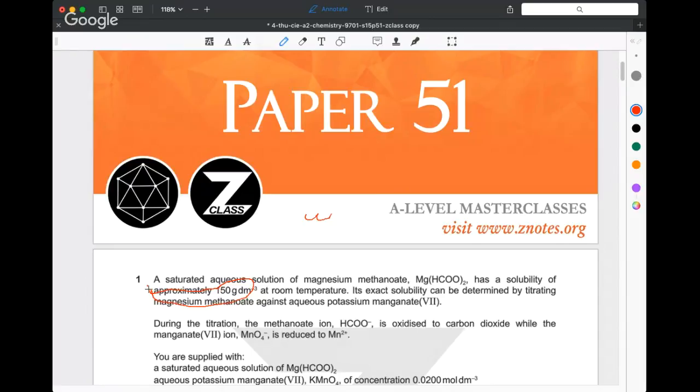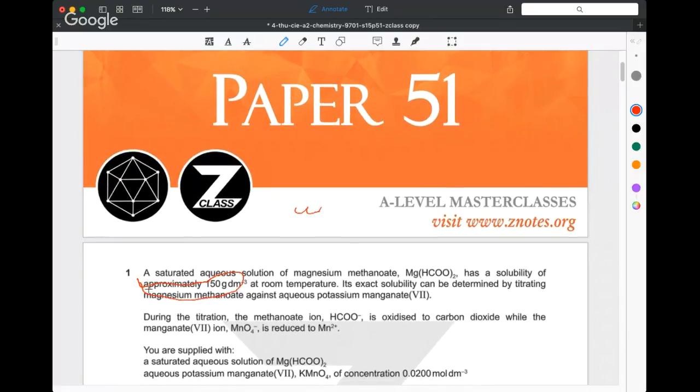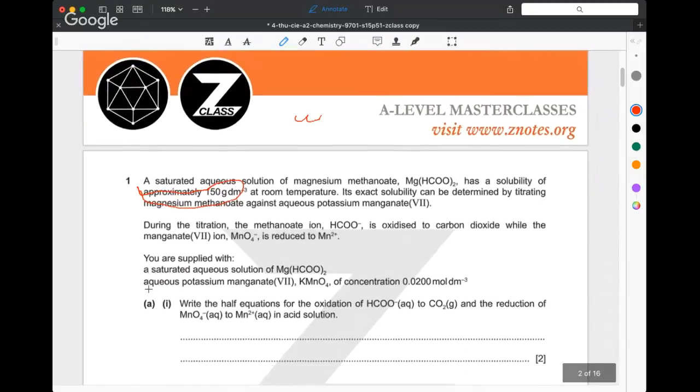And so the whole intent of this piece of work is to move from knowing approximately what this concentration is to knowing it accurately. And that's what the whole question is about. And during the work in the question, we're going to do a titration, which will give us that exact value for the concentration, rather than just knowing this approximate value that we have at the start.